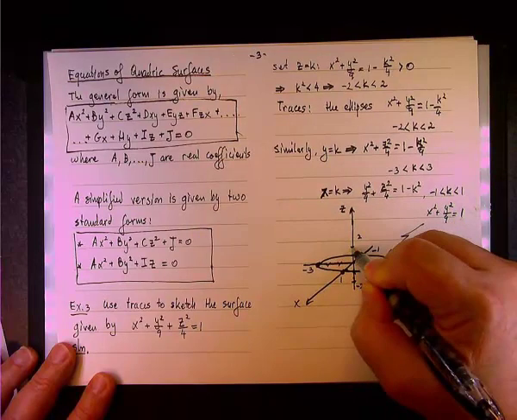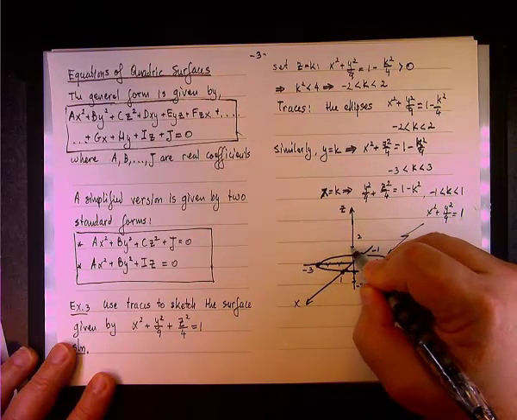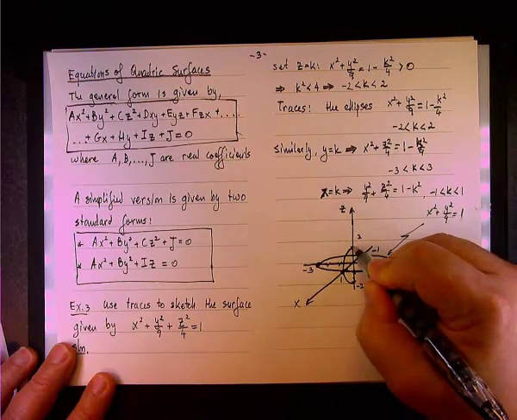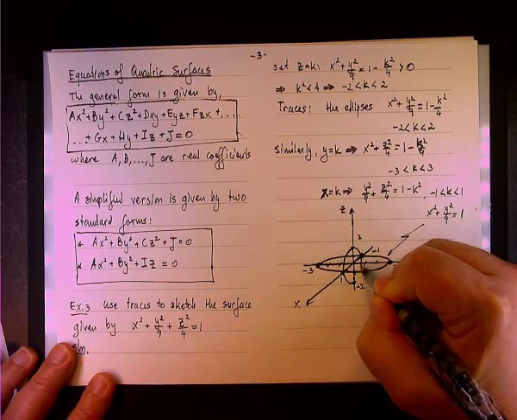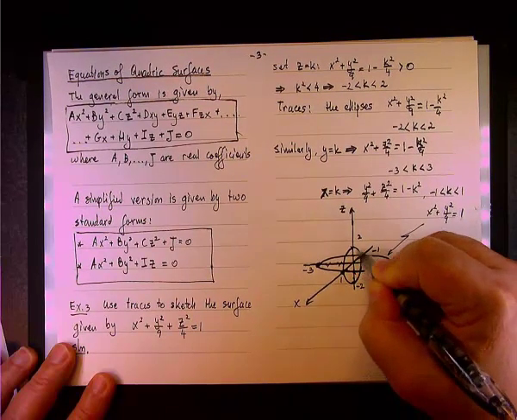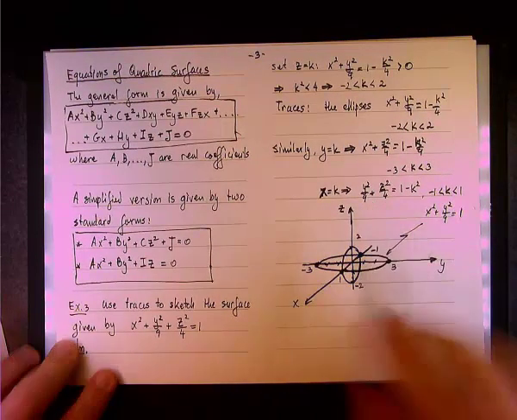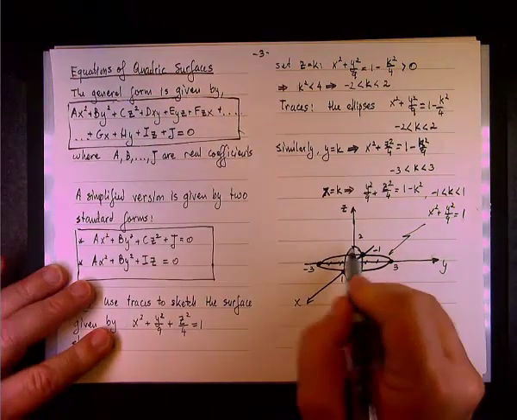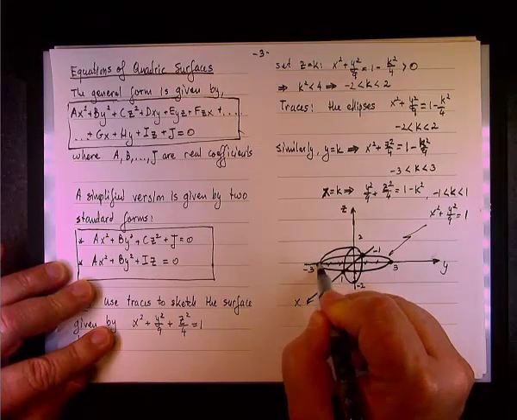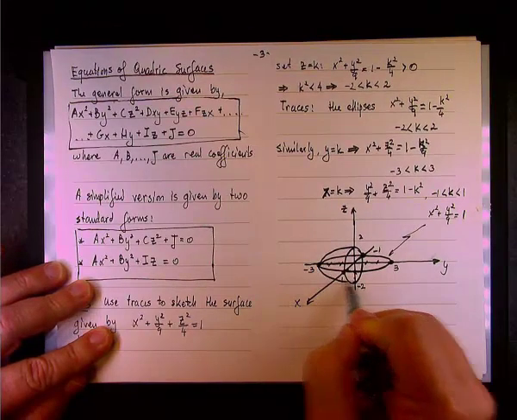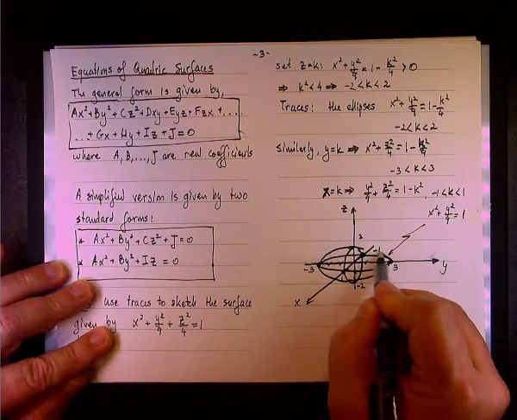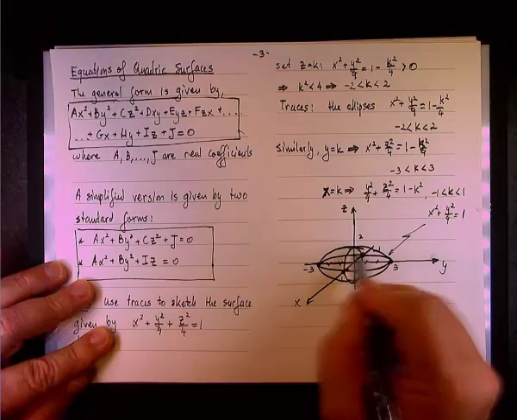But you look at the long axis of the ellipse, so -2 to 2, so it's going to be like this. If this is -2 and this is +2, the ellipse is going to look like so. And finally, here, y goes from -3 to 3, and z goes from -2 to 2, and this is the ellipse.